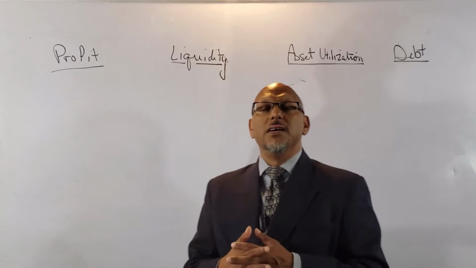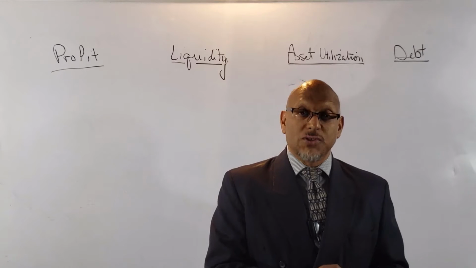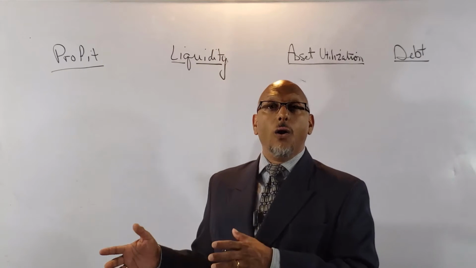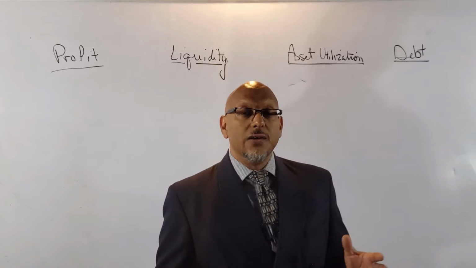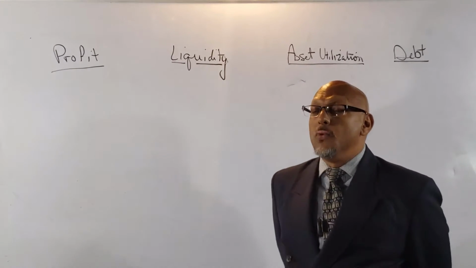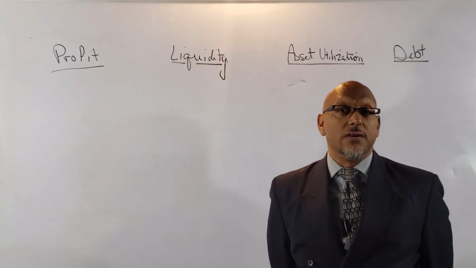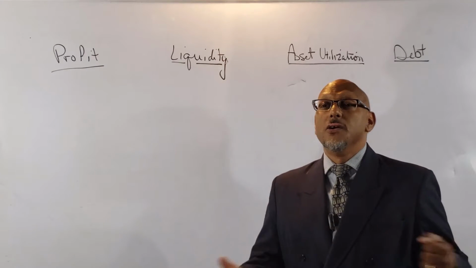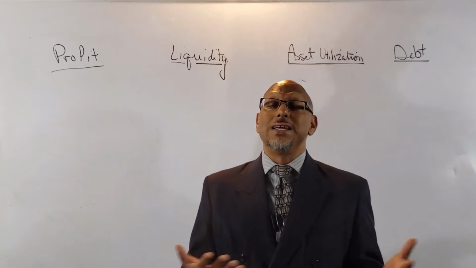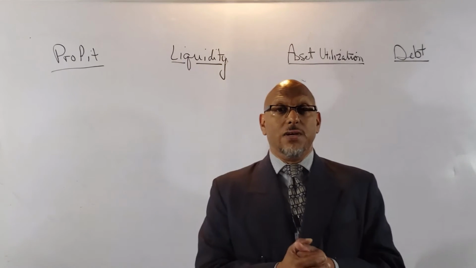We have accounts receivable turnover, or DSO, days sales outstanding, or ACP, average collection period. We've got the total asset turnover. We haven't talked about debt yet, but there's the debt to equity ratio and debt to asset ratio.